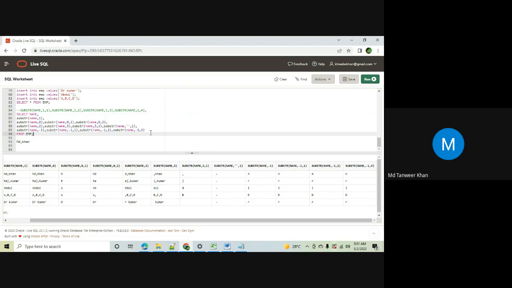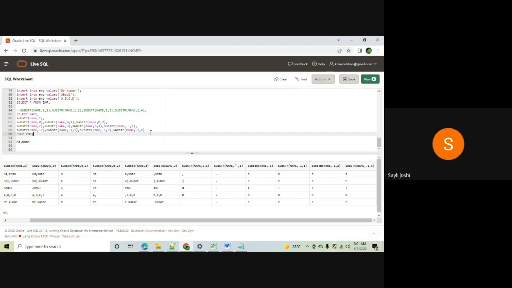Any question on this? From this, you can pick whatever characters you want. Any question before I move to the next string function? Yes or no? Please tell.